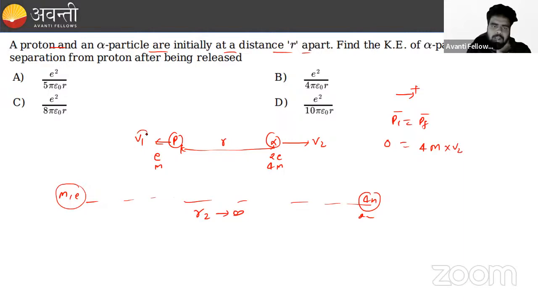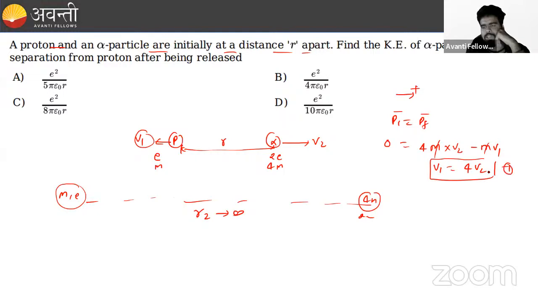Because of the electrostatic repulsion, the proton moves in the leftward direction, so its momentum is m into v1. Here m and m cancel out, and if we separate this, v1 equals 4 times v2. Say this is equation number 1.